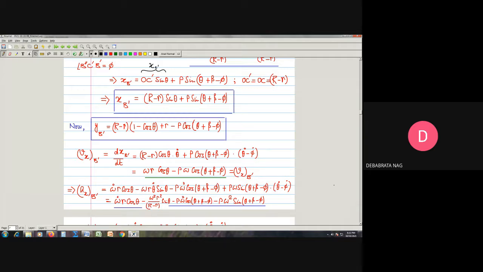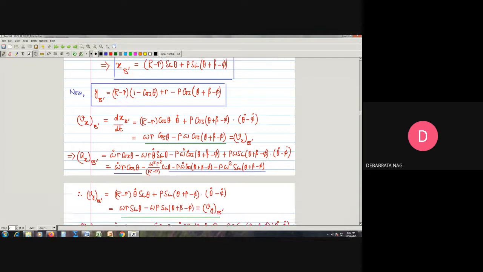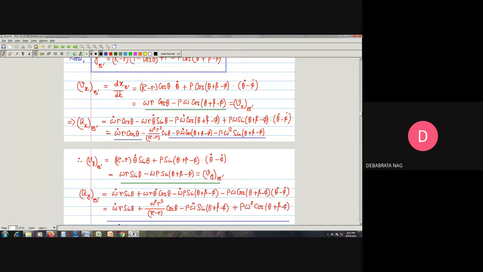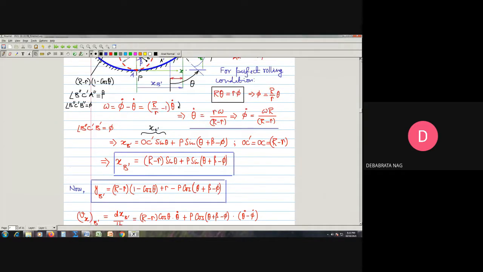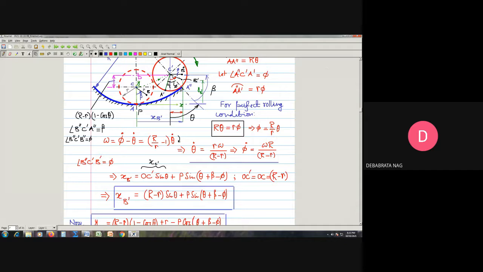And you can verify it here as well for the y component of the velocity also. You see beta minus phi equal to 0 and rho to be equal to r. Again, you will find that the velocity of the point A double dash, that means the final point of contact, must also be 0.